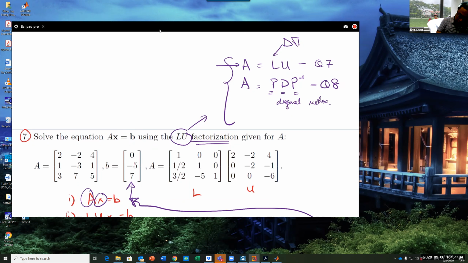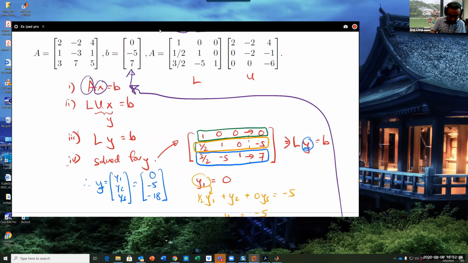Question 7 solves the Ax equals b problem. Question 8 is going to solve for an A to the k x problem, where we multiply A many times. If you're okay, I'm going to proceed on to question 8. Any questions so far? Anyone want to clarify anything? Okay, all right, let's push.